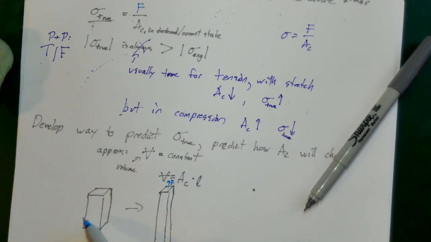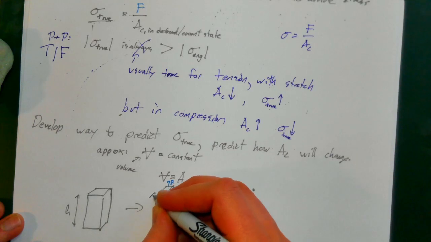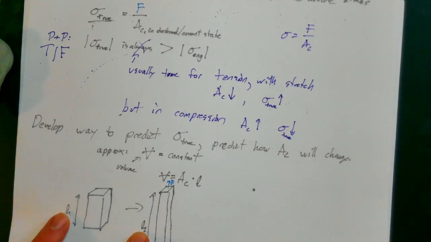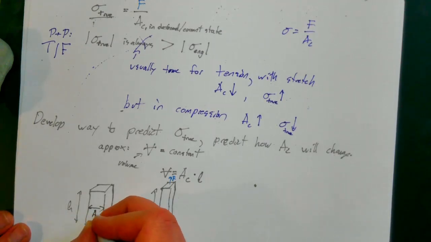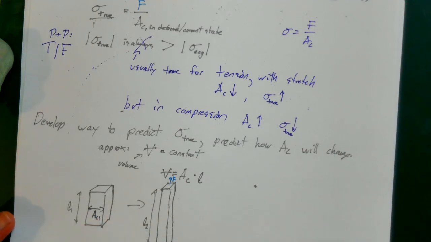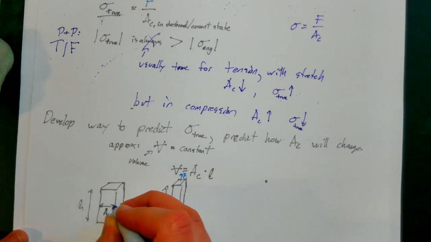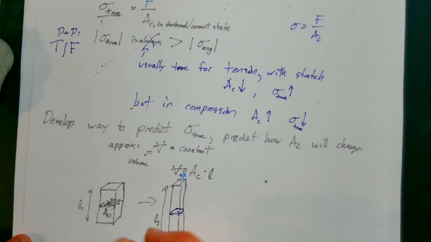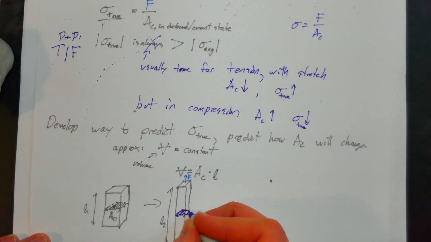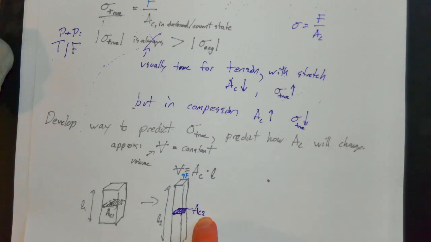if I said the volume of this material is constant, and I knew what L1 and L2 were, and I knew what my original cross-sectional area was, I'll call it AC1, then that would give me all of the information I would need to predict the second cross-sectional area in this deformed state by assuming its volume is constant.